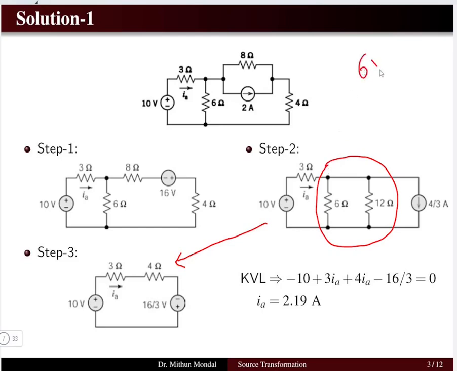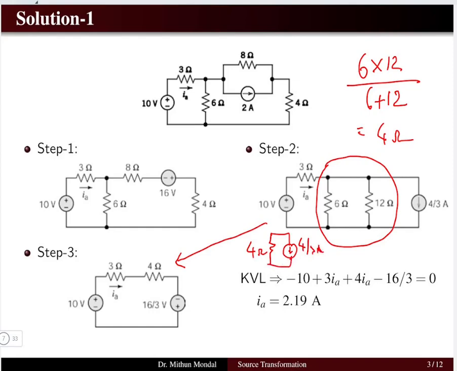So I will be having 6 multiplied with 12 divided by 6 plus 12, which will give me the 4 ohms. So I am having a 4 ohm resistor in parallel with a current source which is equal to 4 by 3 ampere.